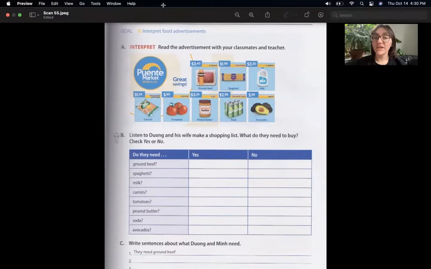So instead of just looking at this, what we can do is go to Smith's online shopping, and we'll just look at items that we can pick up.